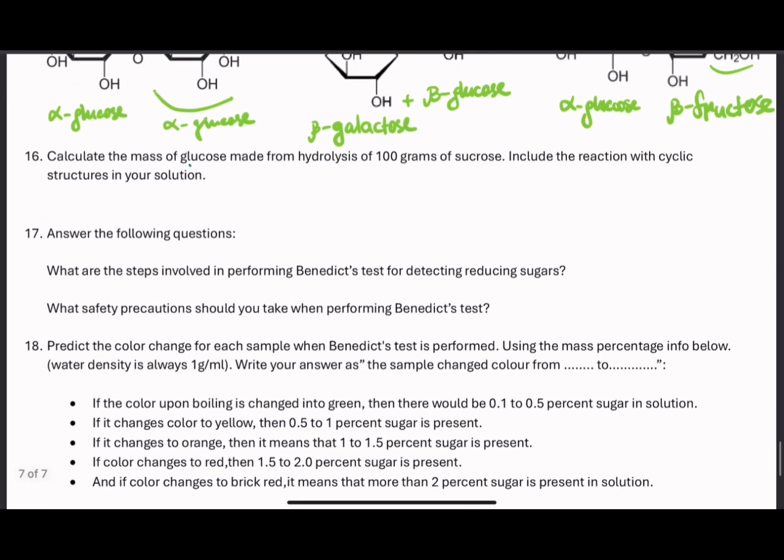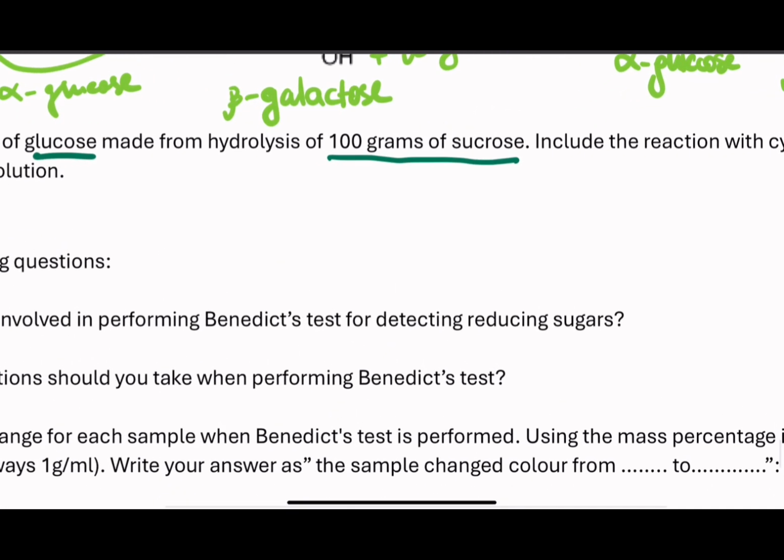It says calculate the mass of glucose made from hydrolysis of 100 grams of sucrose. Now sucrose is basically just a condensation of 2 glucoses, right? So it's just 2 times C6H12O6. That gives you out 1 water.